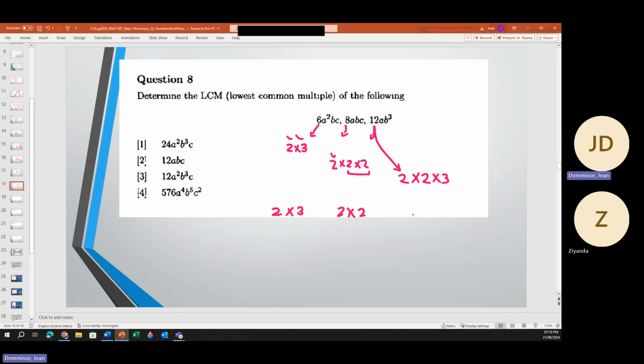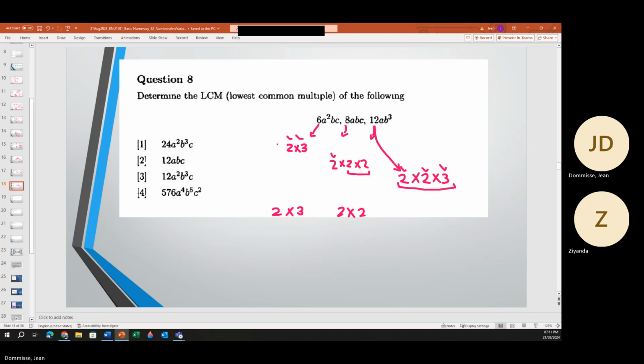And then if I look at the 12, I'm like, okay, there the 2 is covered. Awesome. The 3 is covered. Great. And in this, another 2 is covered. So all of that is actually already covered in the 2 times 3 and the 2 times 2.